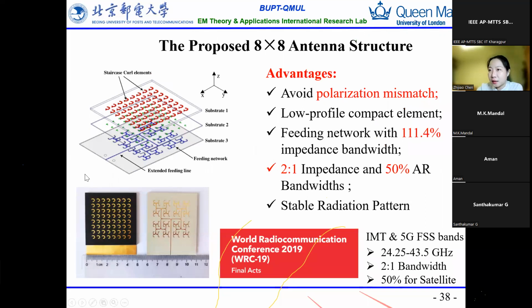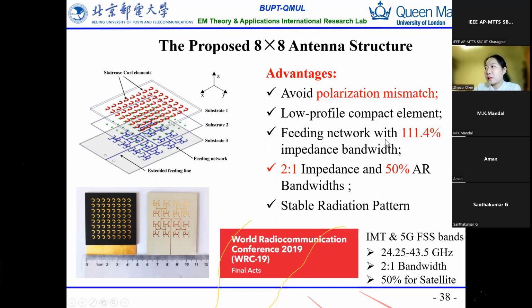We designed this antenna with 3 PCB layers. This design fits the microstrip line and the power divider in this layer, and makes a small curve in this layer, then goes to the top and designs on this curve. It avoids the polarization mismatch by having very good CP performance, and it is very compact.